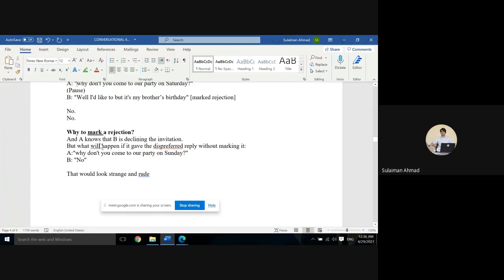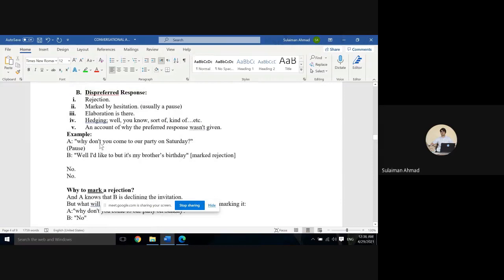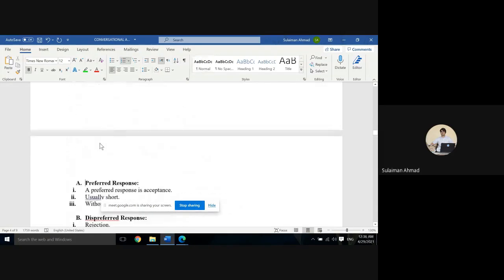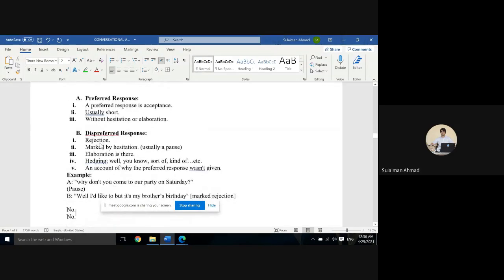So that is why, first of all, we need to come up with a preferred response. But if we want to come up with a dispreferred response, that response must be marked by hesitation, elaboration, or by hedging, right? And an account of why the preferred response wasn't given.